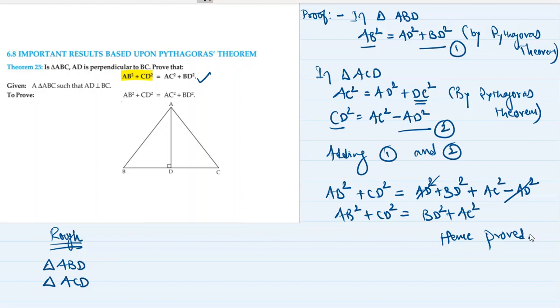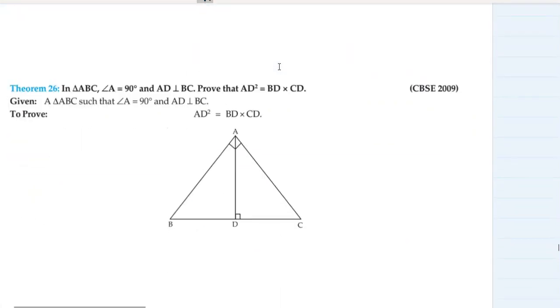So this is what we are going to do. This was the first question, first important result based on Pythagoras theorem. But let me assure you that all the results are somewhat similar. Okay, and you will be able to prove it with the same technique. Chalo, let's go to the next question.